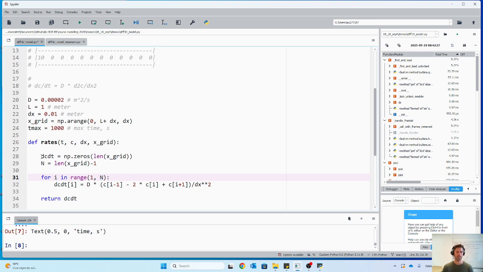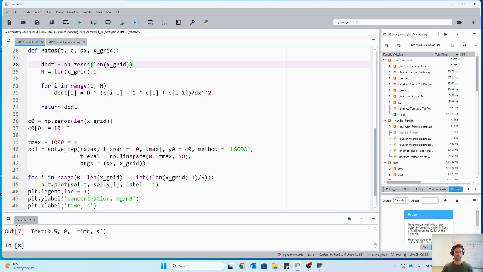That means that dc dt will always be 0 for the left and the right boundaries. And if they are 0, then that means that the initial value that they had will never change.